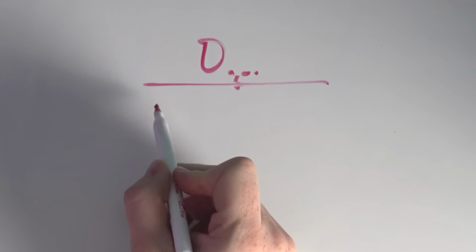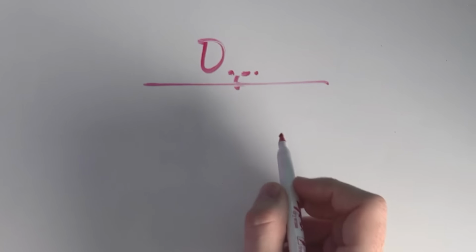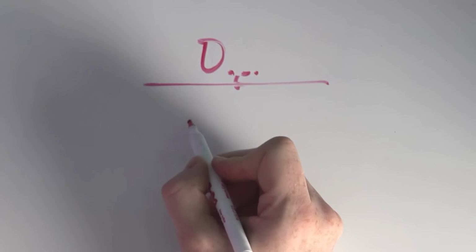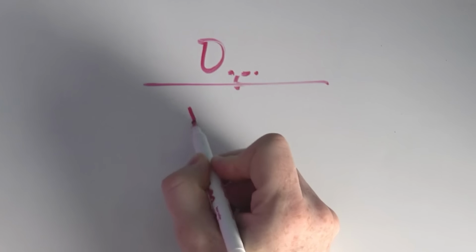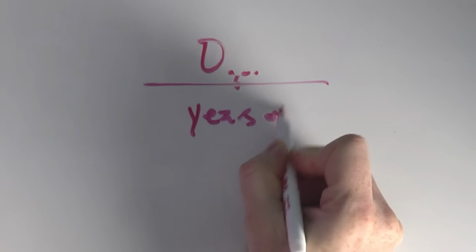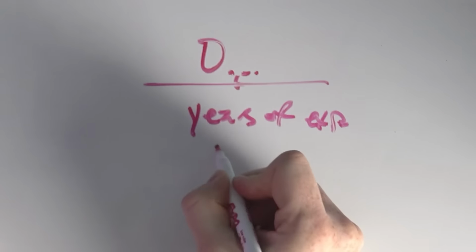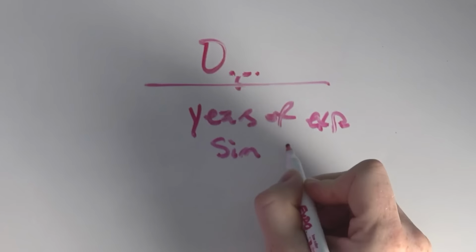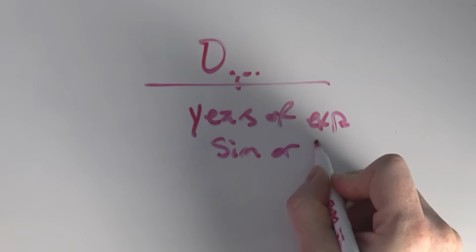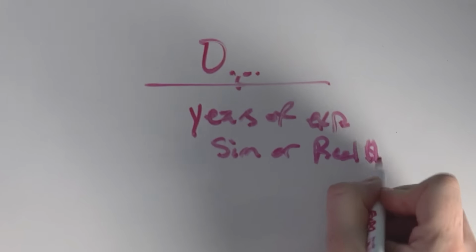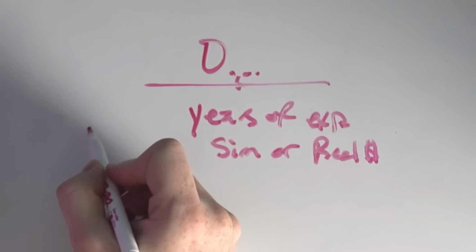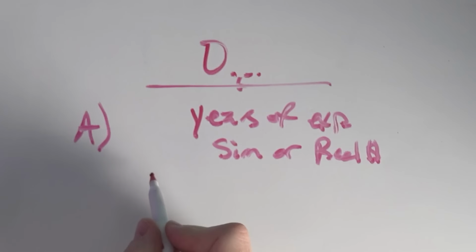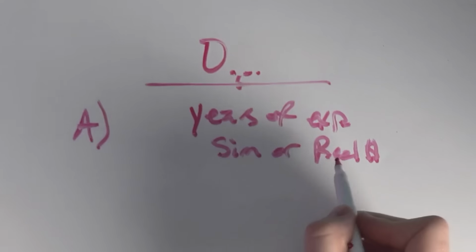We've got decision time here of which broker to use. So if you're in this scenario of years of experience, either in a sim potentially or real money, what you have here in this scenario A is a track record.